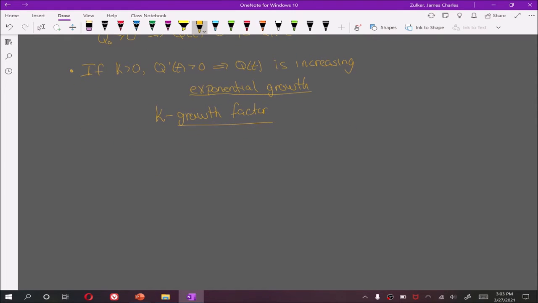Now, if instead k is less than 0, then Q prime of t will be less than 0 for every value of t. This means that Q of t is decreasing. This is an exponential decay.